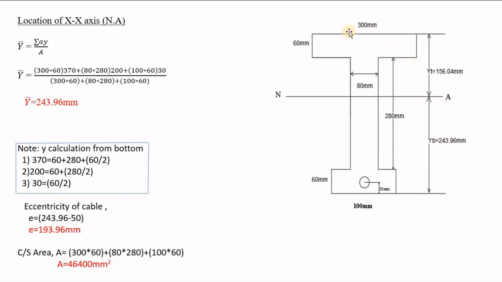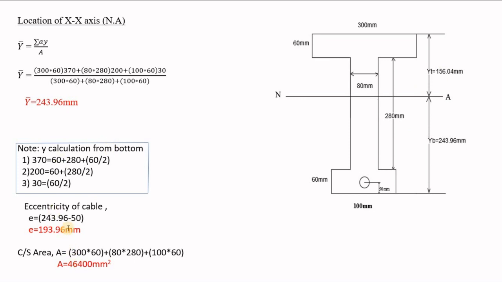The overall depth we know is 400, minus 243.96 mm, which will give you 156.04 mm. That notation is YT. This neutral axis is at a distance of 156.04 mm from the top.